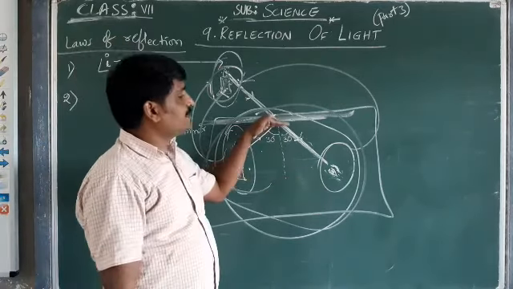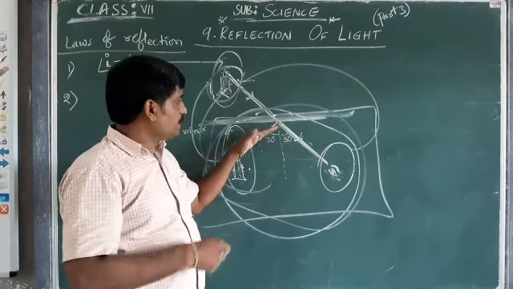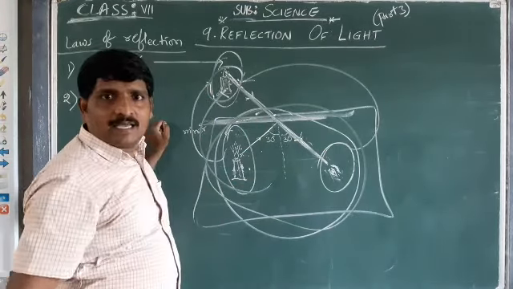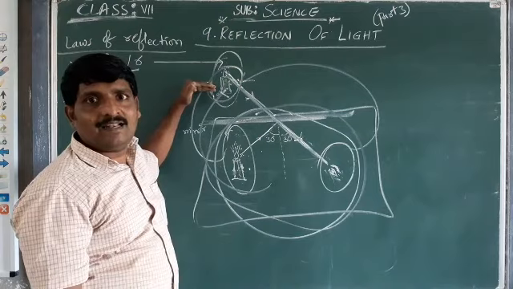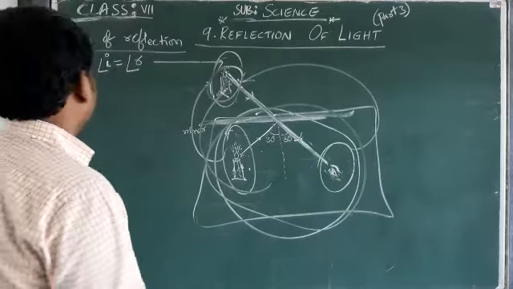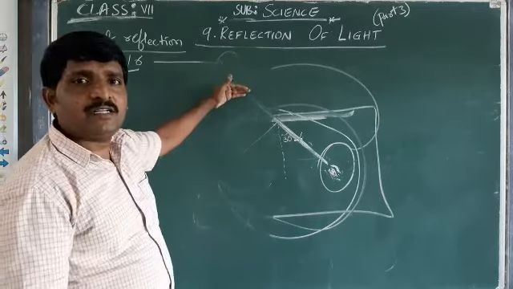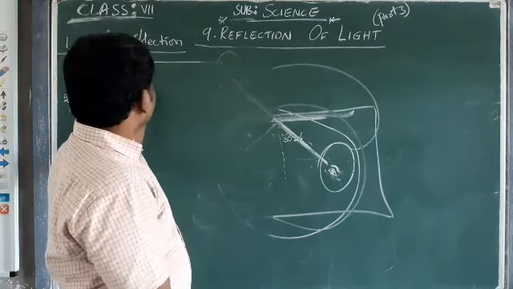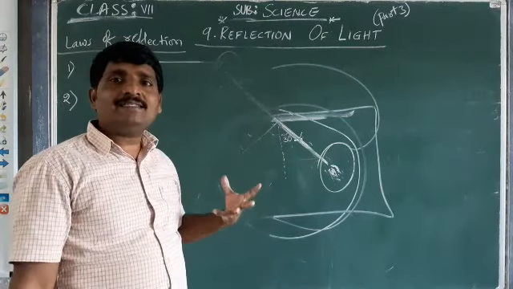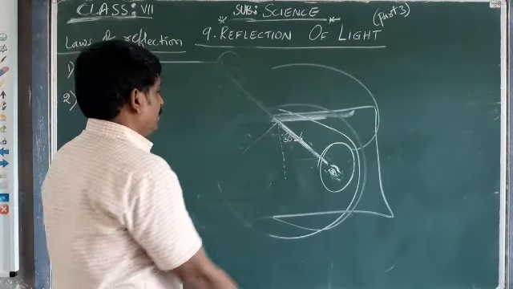Actually, the incident ray projected from the candle gets reflected and reaches my eye, but it looks like the ray is coming from a candle placed on the other side of the mirror. This formation is again due to the angle of incidence being equal to the angle of reflection. We sense this phenomenon because the angle of incidence is equal to the angle of reflection.